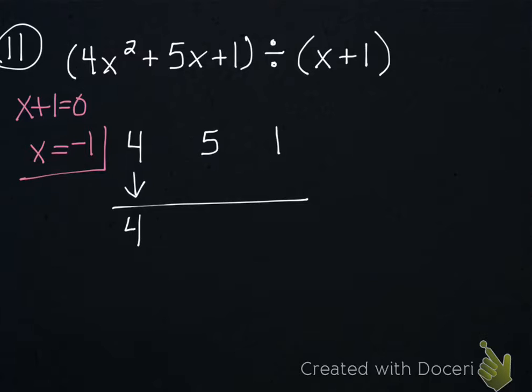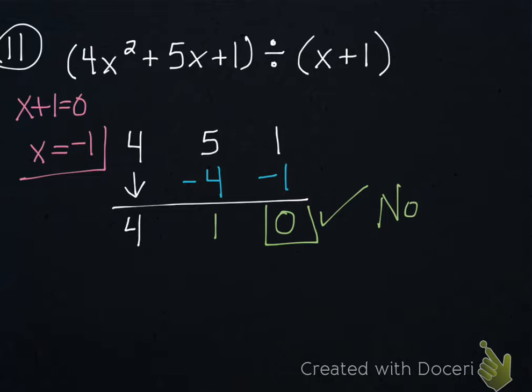Drop the first one down, 4. Now multiply. -1 times 4 is -4. Add the column. 5 minus 4 is 1. -1 times +1 is -1. Add the column. 0. Woohoo!